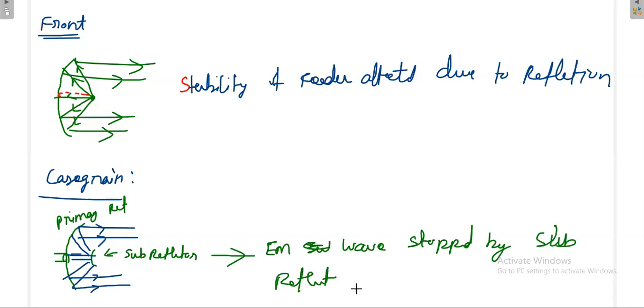Then, to overcome this issue, we have the offset feed. In case of the offset feed, if your dish is here, your feeder will be here. This is your feeder.